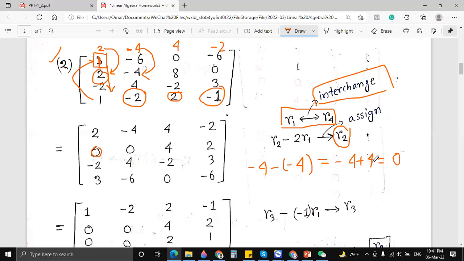Okay, so that's why we get another 0 here. Now here is 4 minus 2, okay? So 4 minus 2 is 2. Hey, wait. I did some mistake. No, I didn't.